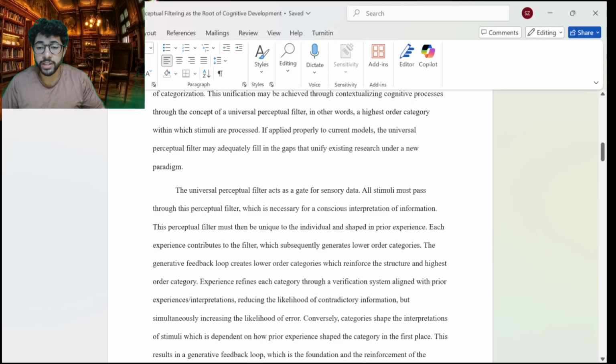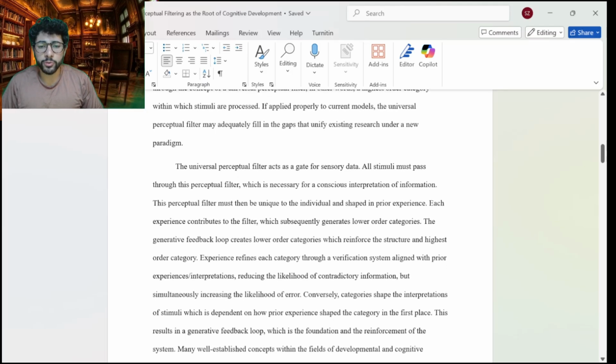And I explain more about how this works throughout the rest of the paper. But this has a lot of very large implications. And again, I'm very confident in the logical progression that explains this exact idea as a generative feedback loop. But we'll get into it.